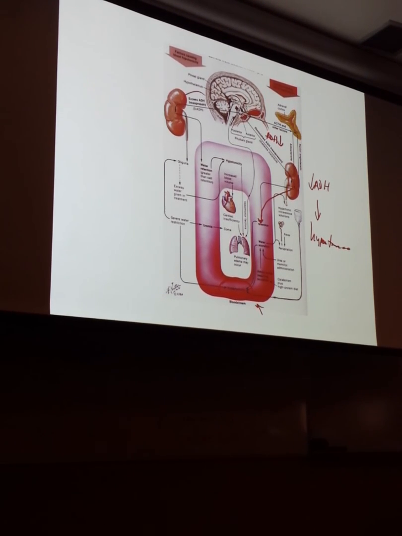You can also have inappropriate release of ADH from a pituitary adenoma, and if you increase the antidiuretic hormone, if you have too much ADH, you tend to retain too much water, you get fluid overload, you become hypotonic, and you end up with pulmonary edema.